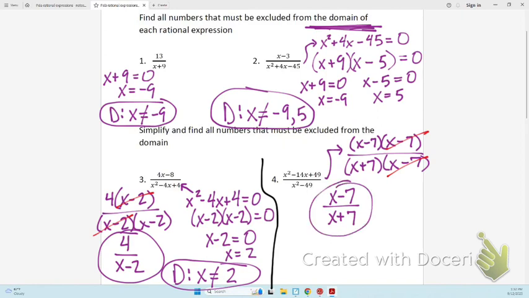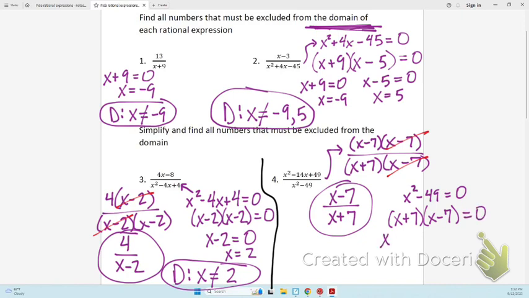Now we need to do the domain, and this is the scenario where you would run into a problem if you only look at this denominator. You have to look at the original typed denominator. So we go x squared minus 49 equals 0, which means x plus 7, x minus 7 equals 0.